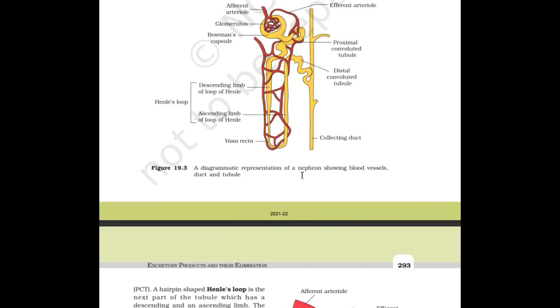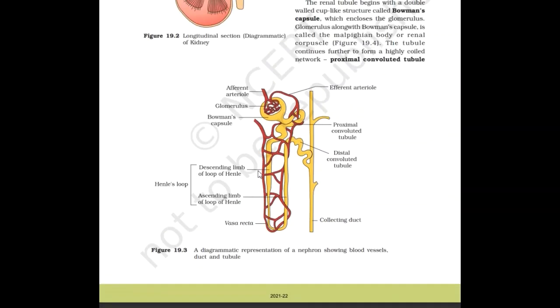Diagrammatic representation of a nephron showing blood vessels, duct, and tubules. Here they have mentioned the afferent arteriole, then glomerulus, Bowman's capsule, PCT, DCT, collecting duct, vasa recta, ascending limb of the loop of Henle, and descending limb of the loop of Henle.